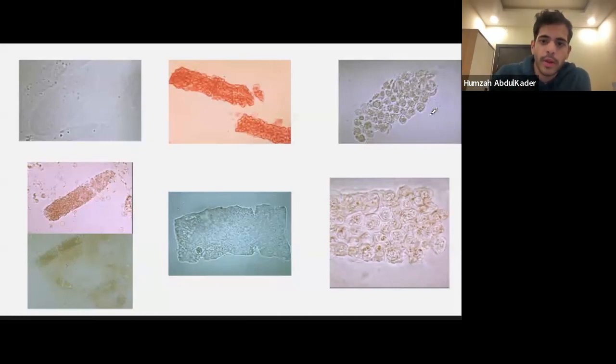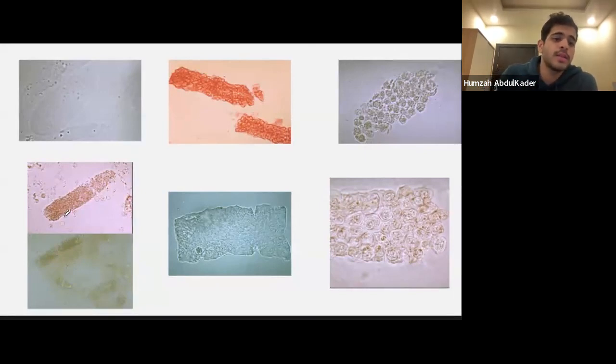Now what is the one top right? The one top right is actually a WBC cast. Okay, so WBC cast means what? Pyelonephritis, most likely, yeah.